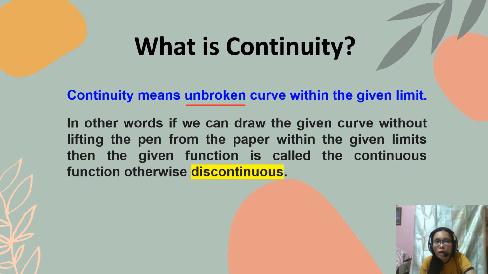When you try to trace the graph without lifting the pen, meaning to say, you can trace it smoothly without stopping at some point, then the graph is continuous. Otherwise, if there is a blockage, a break, or a hole, then that is called discontinuous. Okay? Opposite.